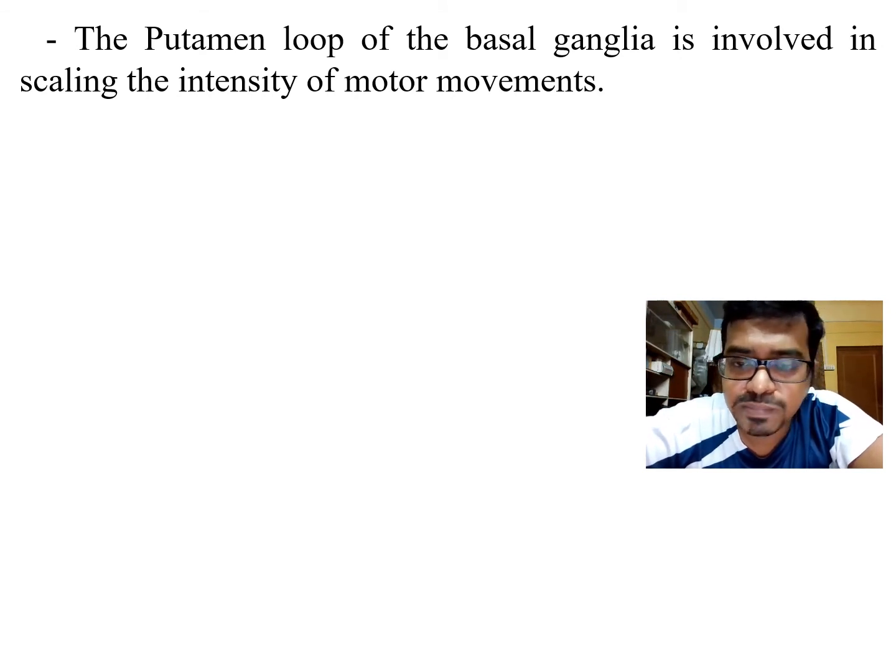Now, if those inputs suggest that the motor programming which was done originally needs to be scaled, then the putamen loop of the basal ganglia comes into action. It is involved in the scaling of the intensity of the motor movements.